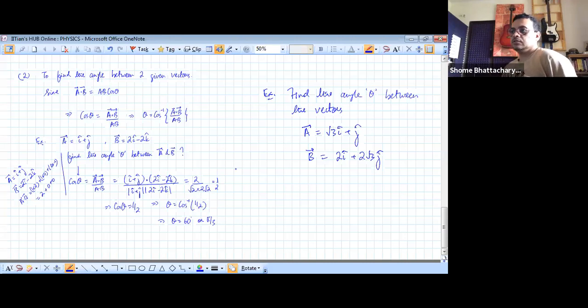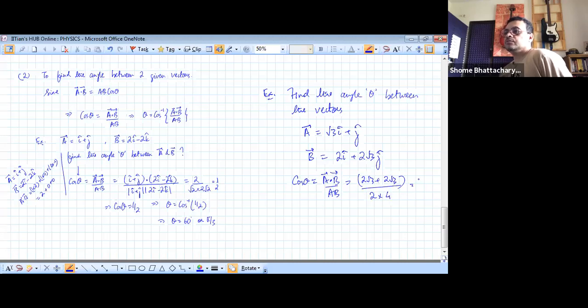Rahil, that's correct. So again, you can see that cos theta is equal to A dot B divided by AB. So यहाँ पे A dot B कितना हो जाएगा? It will be 2 root 3 plus 2 root 3, that's 4 root 3. And mod A is equal to 2 and mod B is equal to 4. Okay.